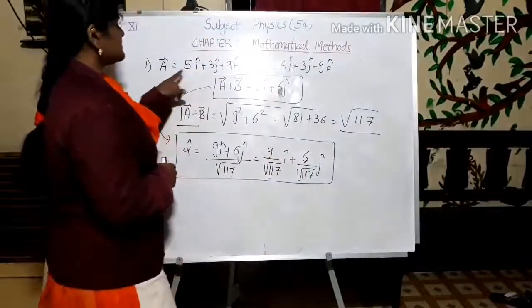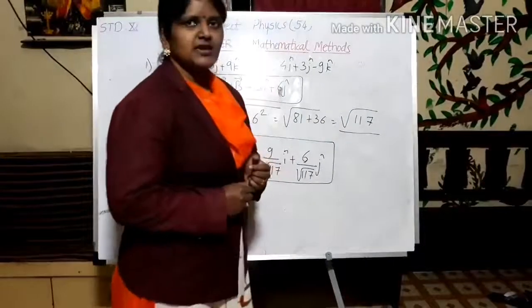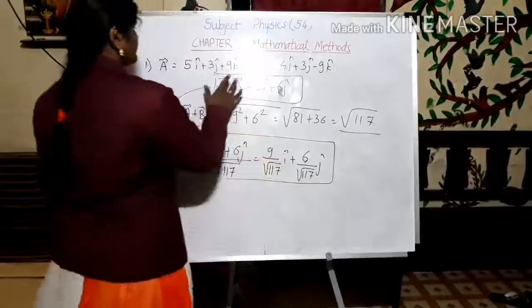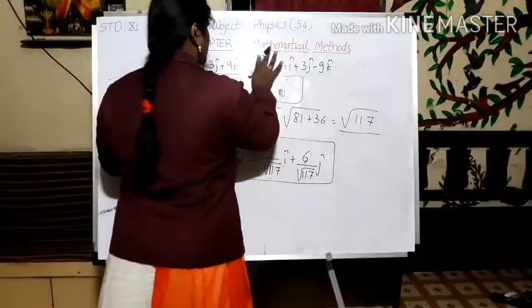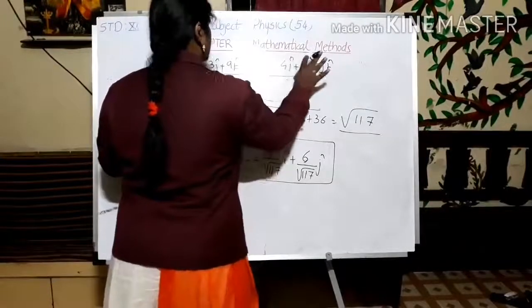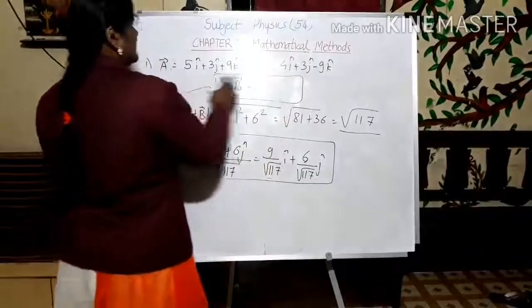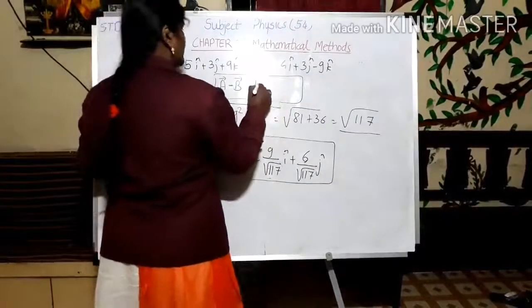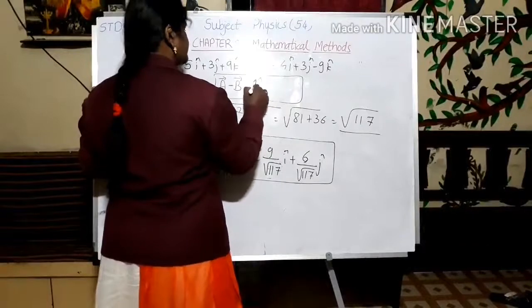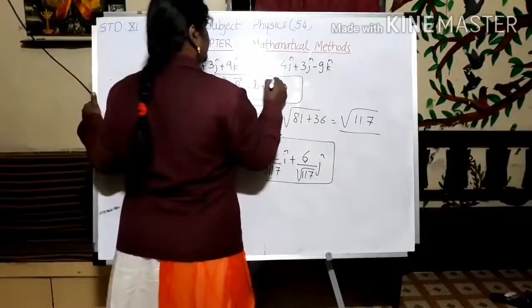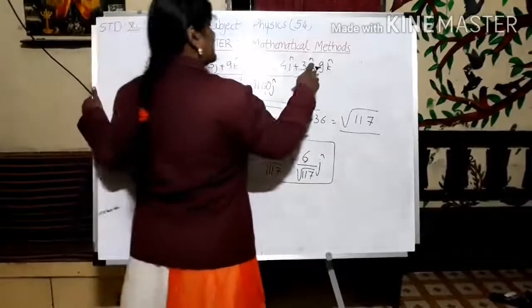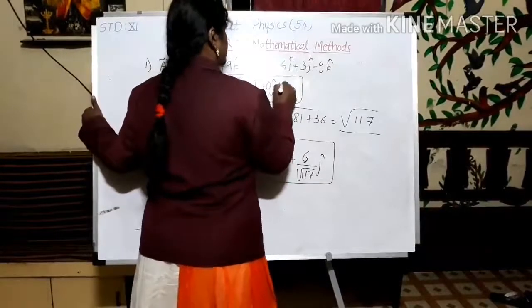If it is being subtracted, if I want A minus B, I will just write A bar minus B bar. Let's see what happens. 5 minus 4 is 1, 3 minus 3 is 0, 9 minus of minus 9 is 18.